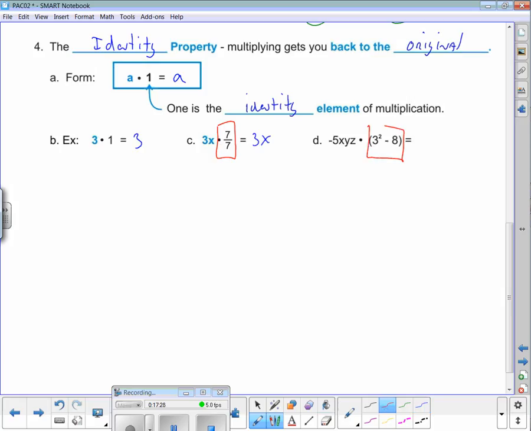And a 3 squared minus 8, well, that's just a 1 as well. So what does this one equal? Negative 5xyz. Look at that. Amazing. You're doing algebra. Right? Because anything times 1 is back to the original. Anything times 1 is itself, the original. Any questions on any of that? Anybody? Yes, Emily.